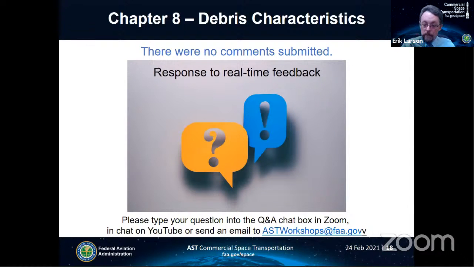Okay, so there's a question of, is a single breakup analysis of the worst case cause of vehicle breakup acceptable, or are multiple analyses needed? And so the answer for a high fidelity analysis, no. The debris analysis needs to cover the different types of breakup modes.